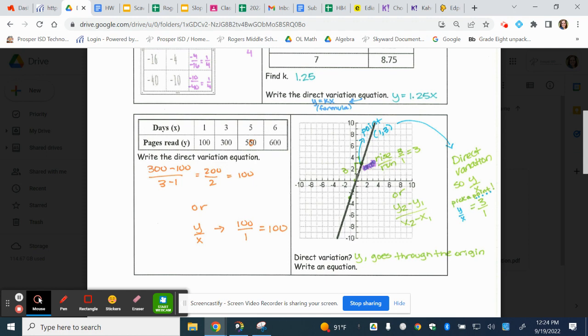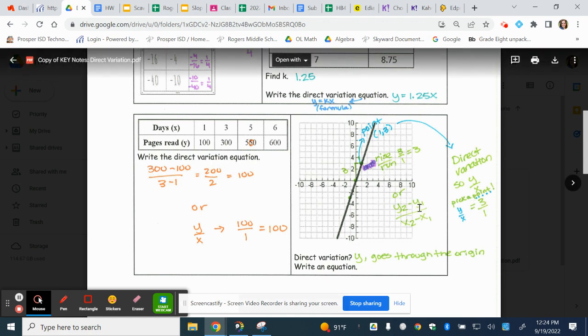So here's an example in green: rise up 3 over 1, so my slope is 3. Or I can pick an ordered pair. Let's pick this point here, which is 1, 3. I can also put that as y over x, 3 over 1, and you'll still get 3 over 1. So your slope formula or direct variation y over x are going to be the same, because proportional and non-proportional don't matter when you're finding slope.